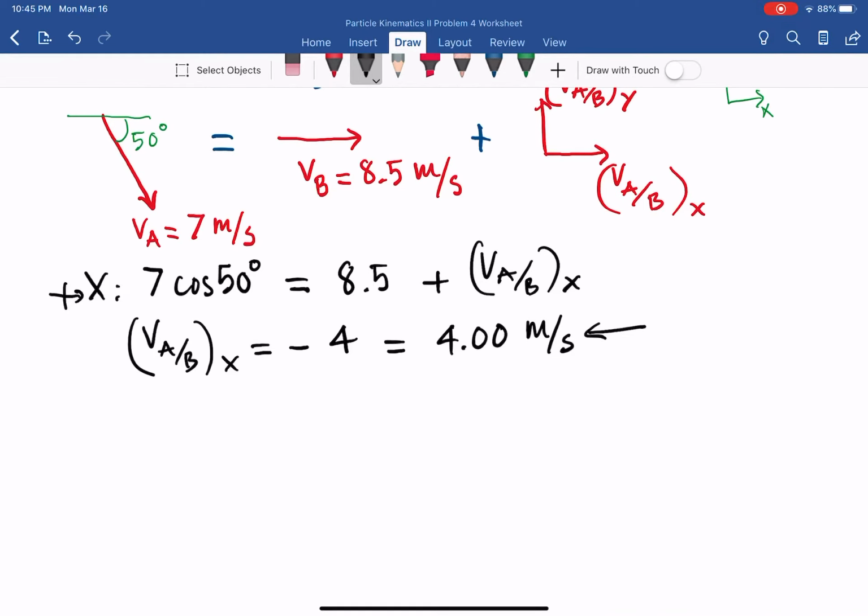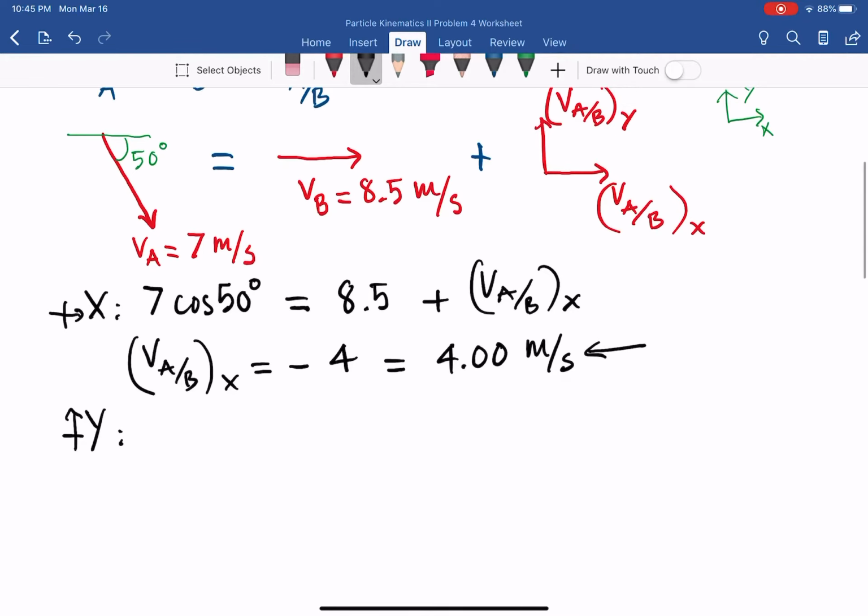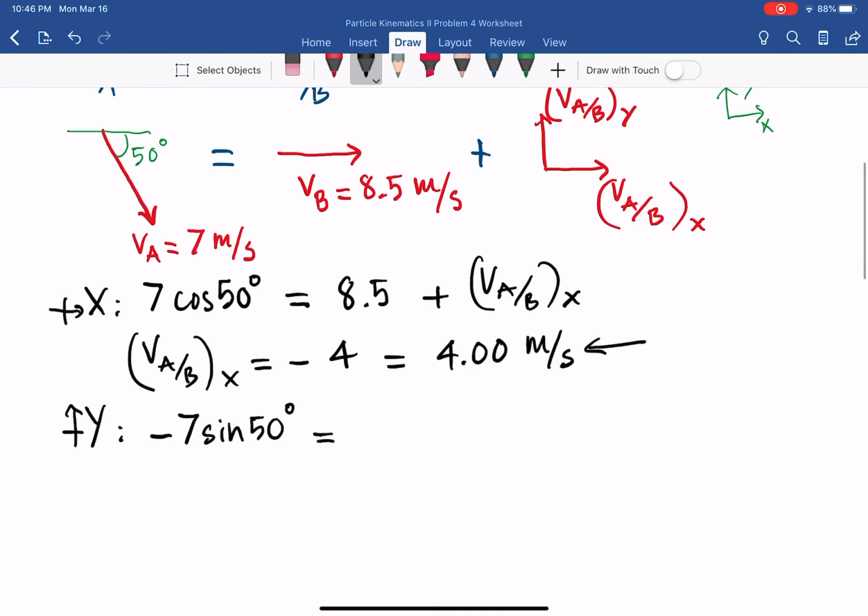And then similarly we can do the y component of the relative velocity of A relative to B. The first one is going down, so it will be negative 7 sine 50 degrees, equal to VB, which is horizontal, so projected on the vertical it is 0, plus VA relative to B y.